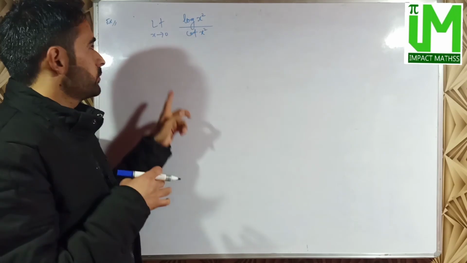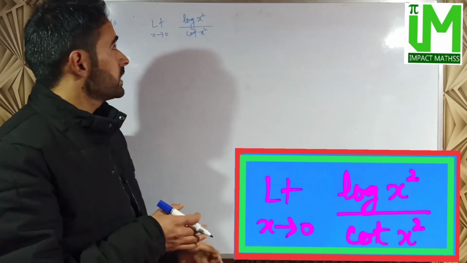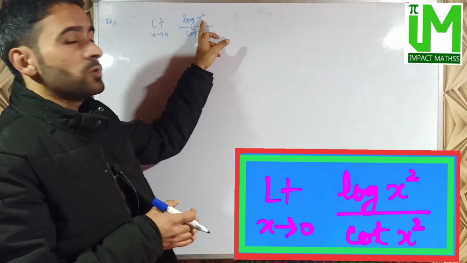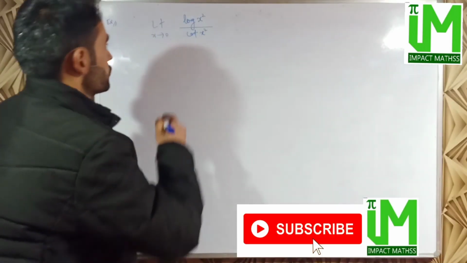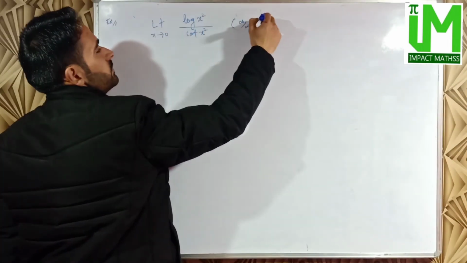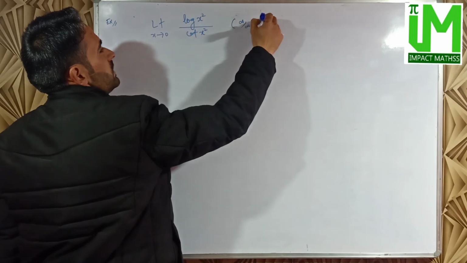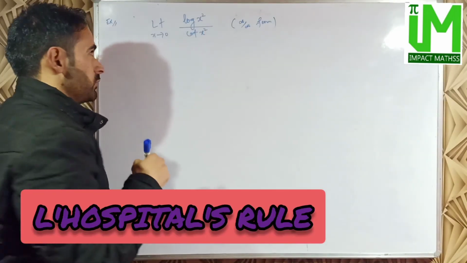So the next example is limit x tends to 0, log of x square divided by cot of x square. This square is the exponent of x only, not the exponent of log of x. So again, this is an indeterminate form of the type infinity by infinity. So therefore again apply L'Hopital's rule.